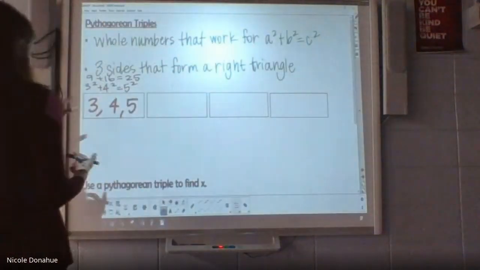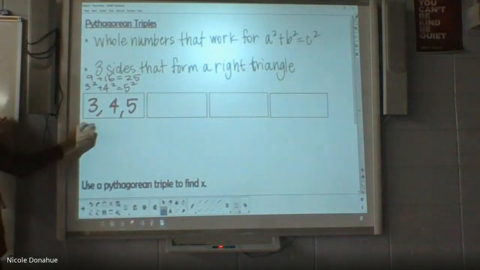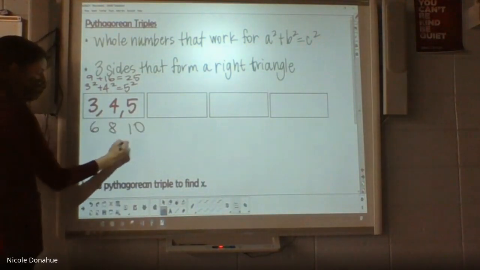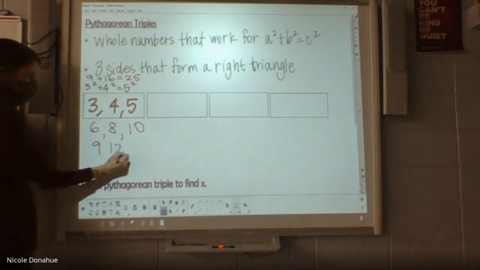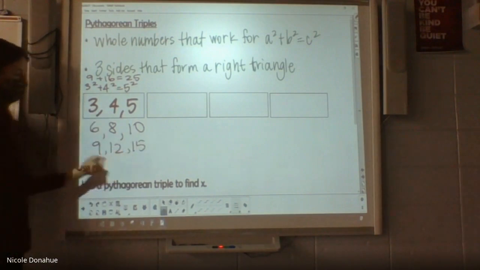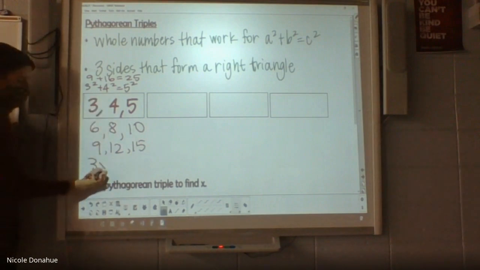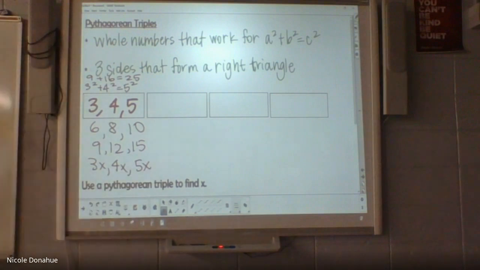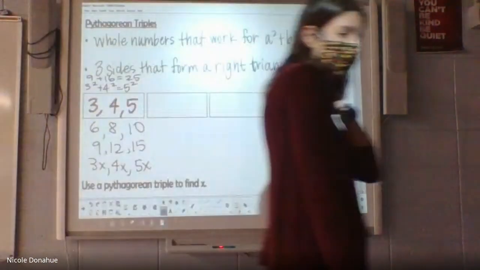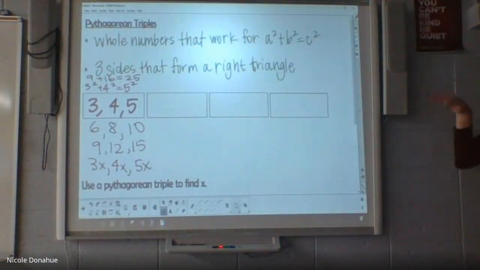So any combination of this ratio works: 6, 8, and 10 also works, and 9, 12, and 15 also work. Again, it's just a really good time saver. It's not necessarily something you have to memorize. However, if you notice it, you're like, oh, that's one of those Pythagorean triples, I don't even have to really do the math.